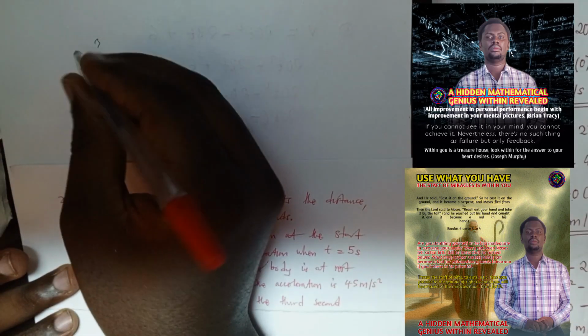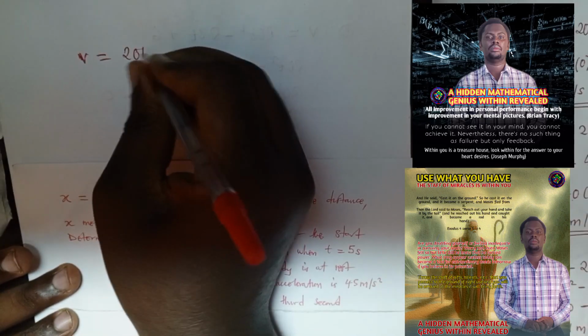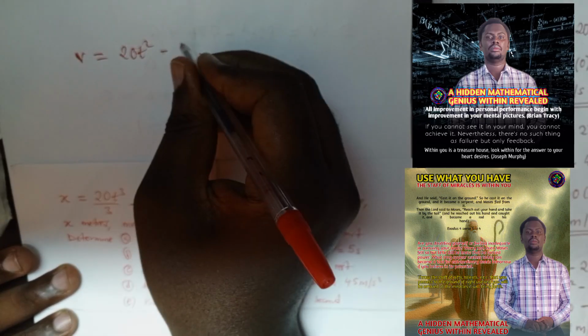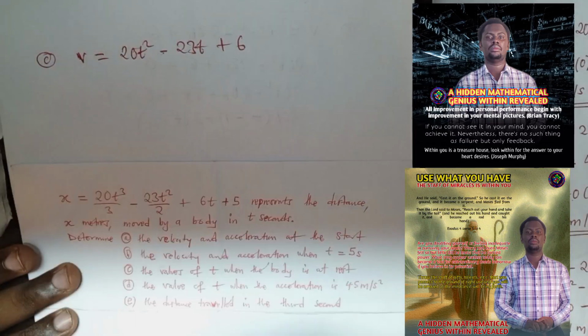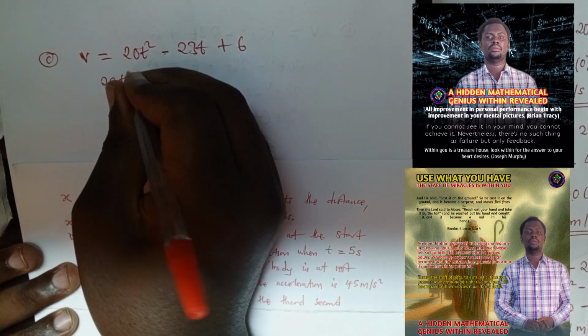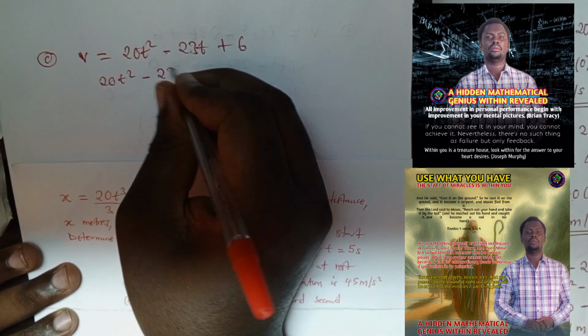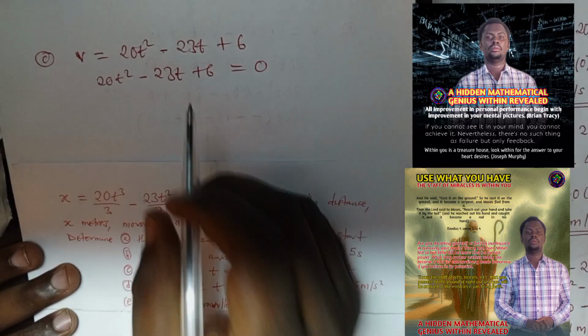We found an expression for velocity as v is equal to 20t squared minus 23t plus 6. Since the body is at rest, v will be 0. So 20t squared minus 23t plus 6 is equal to 0.